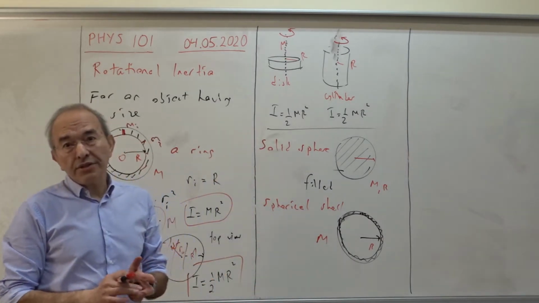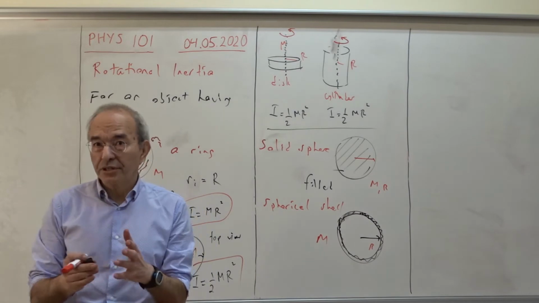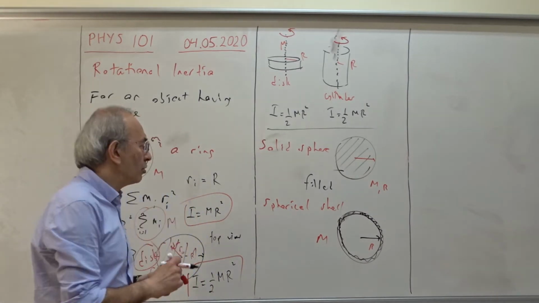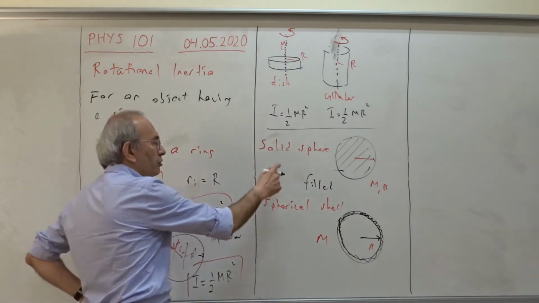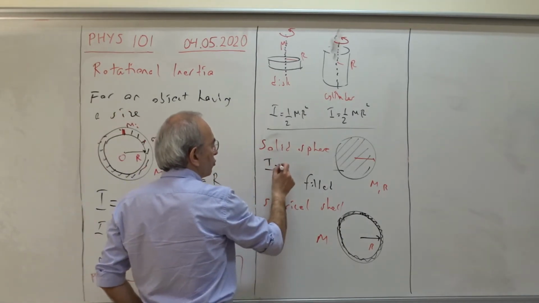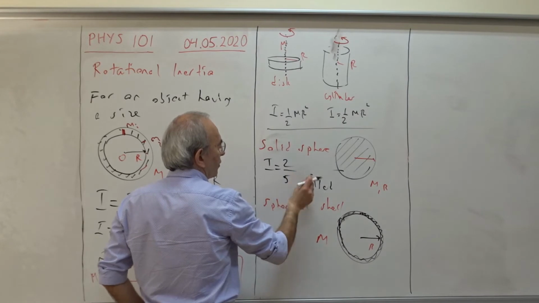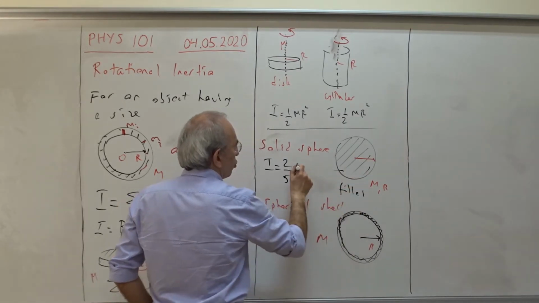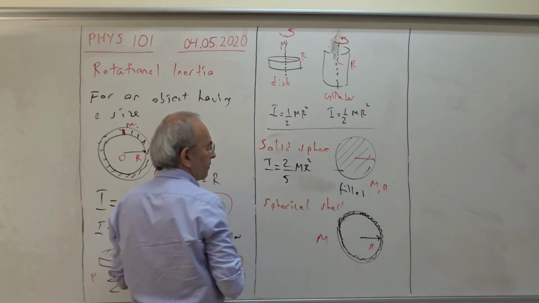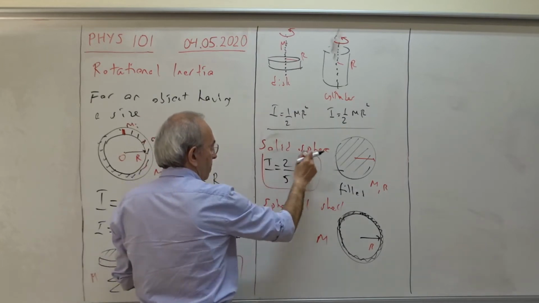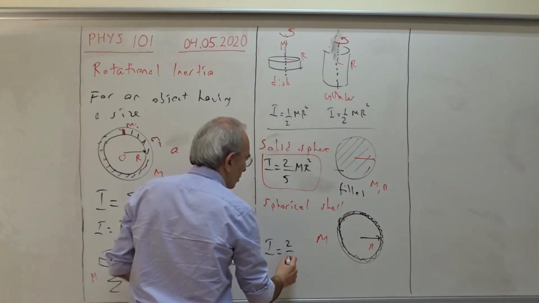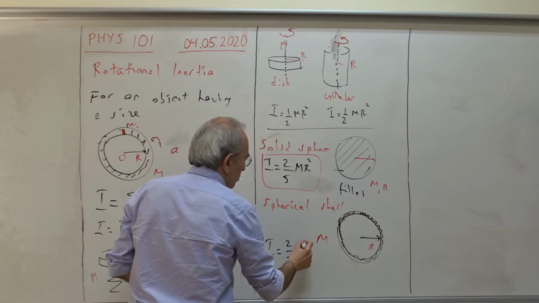Again, the inertia values are calculated by integrals, of course, but those integrals are a bit beyond the scope of Physics 101, so let me write the results immediately. For a solid sphere, I is equal to 2/5 mr squared, but for a spherical shell it is 2/3 mr squared.